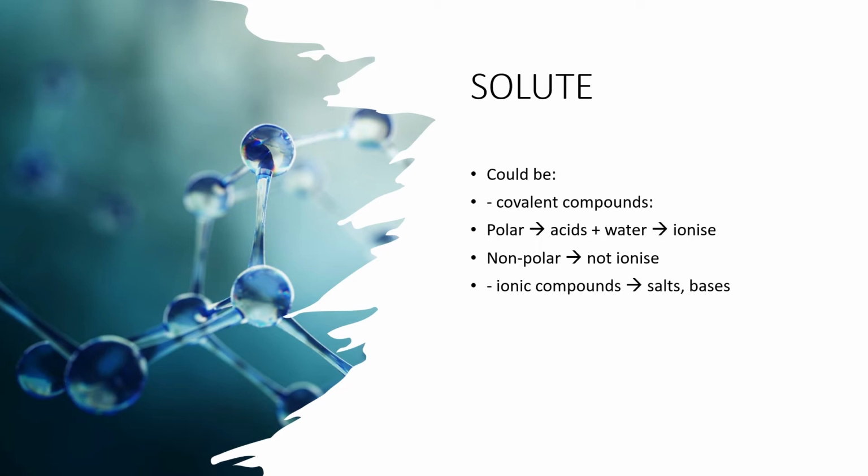For the solute, it could be covalent compounds or ionic compounds. For covalent compounds, the electrolytes are the polar ones, for example, acids. Ionic compounds can be salts or bases.